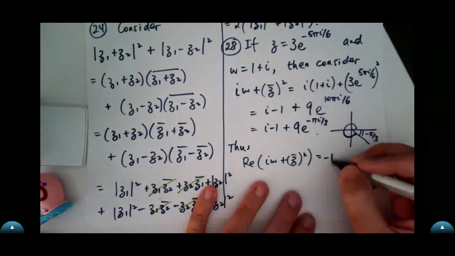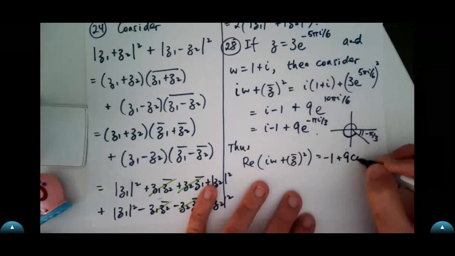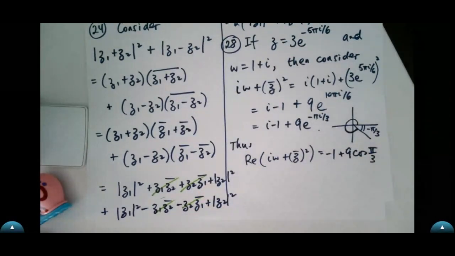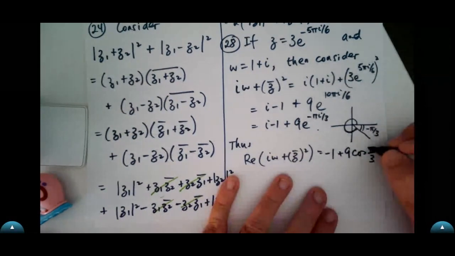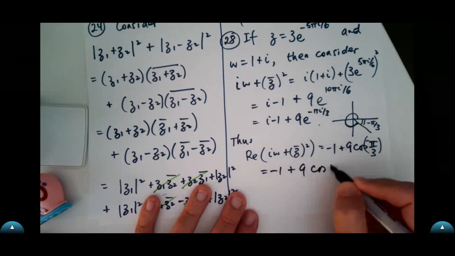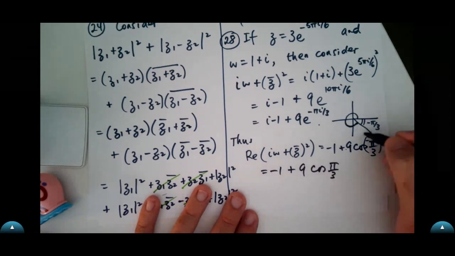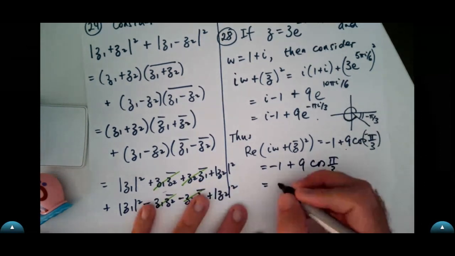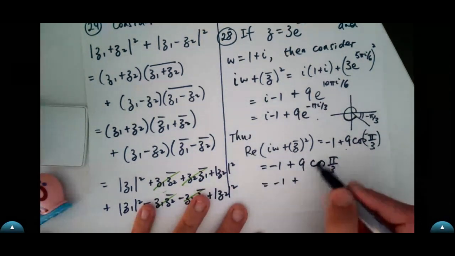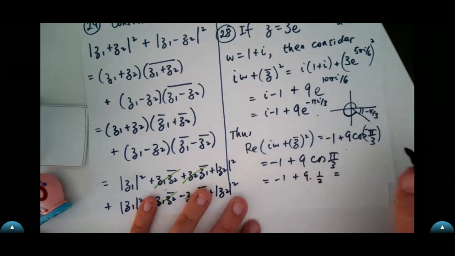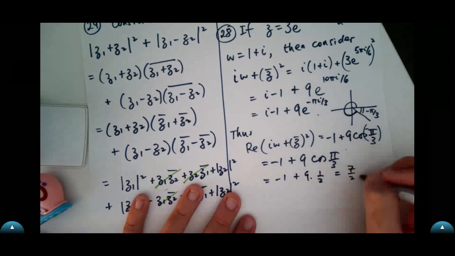It's going to be -1 plus 9 cosine pi/3. Oh, well, I guess -pi/3, which is the same. Cosine's positive here, so these things are going to be the same. This is a half, so we'll get something like 7/2.